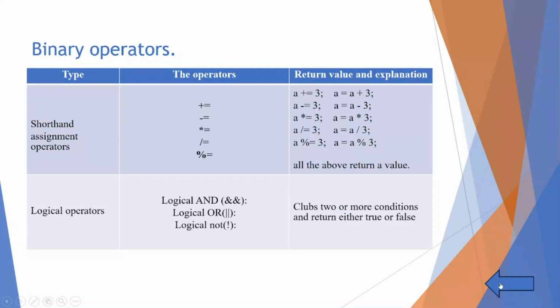And sign is double ampersand, or sign is double vertical bars above the enter sign on the keyboard, and logical not is exclamation. They club two or more conditions and return either true or false. So out of all these five, arithmetic operators return a value, assignment operators store, shorthand assignment return a value, logical and relational operators return either true or false.